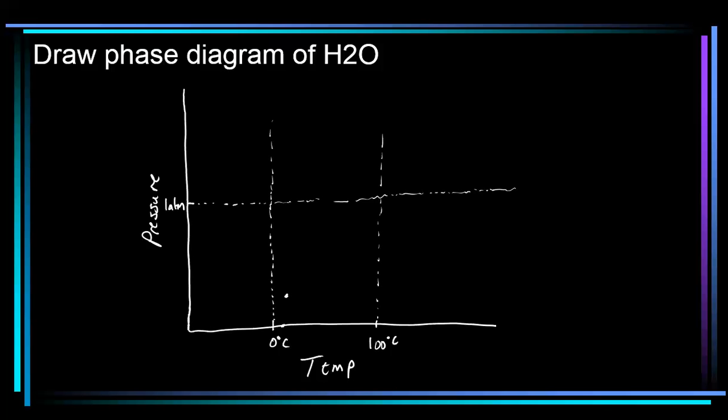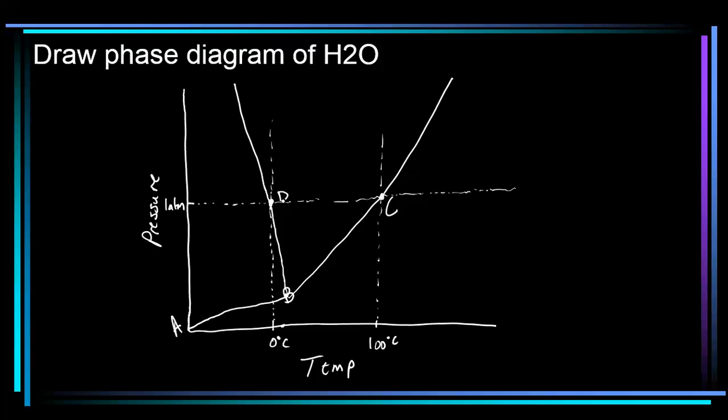Then I want a point like that, just a little bit beyond 0 degrees. And then I want you to take that point and intersect where the lines intersect, and then go to the origin. This is going to be A, B, C, D, E, and F.